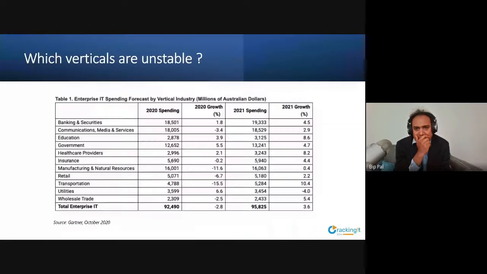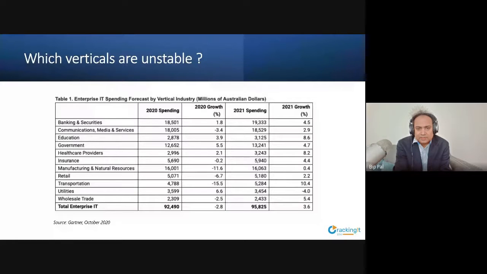If you look at it, in 2020 there are a couple of verticals that went through a big swing. For example, transportation. You know that the total airline industry was completely shut down, and that's a big part of transportation, along with the traveling industry. Any IT people who were part of that industry suffered massive layoffs that year.